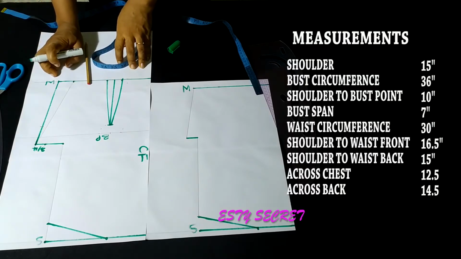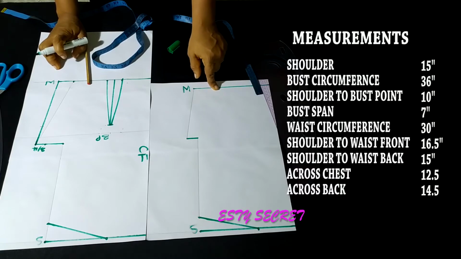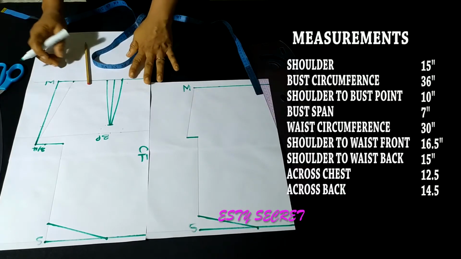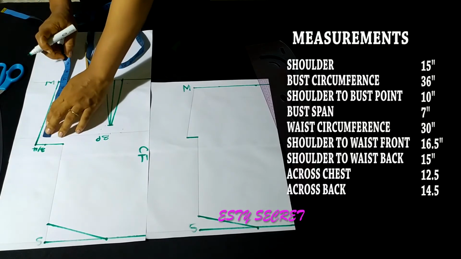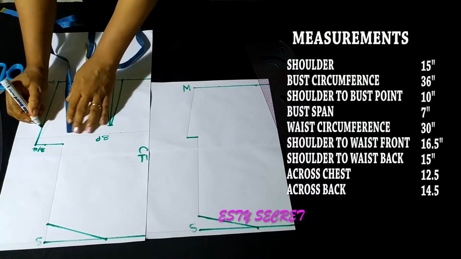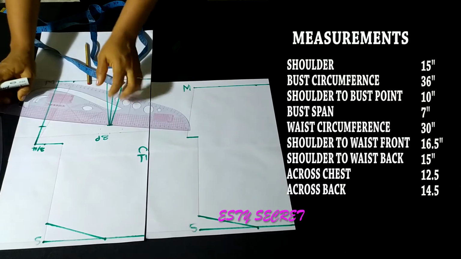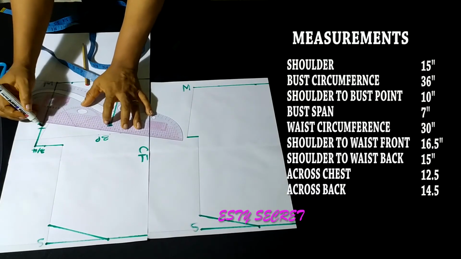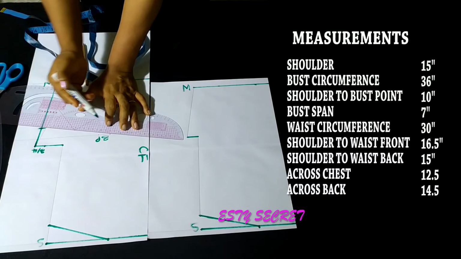That is 16.5 inches minus 15 inches. This is 15. So I have 1.5. So now that 1.5 inch at this point, I said 2 inches away from your arm sky. So at this point that I have 2 inches away from my arm sky, I need to stop 1 inch before the bust point.